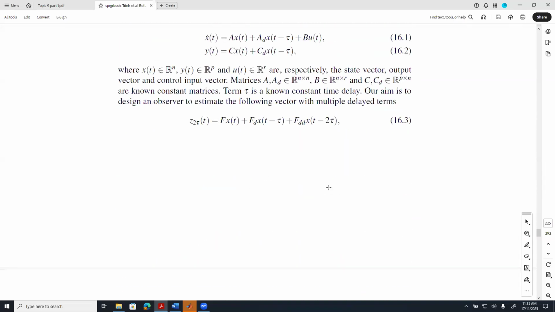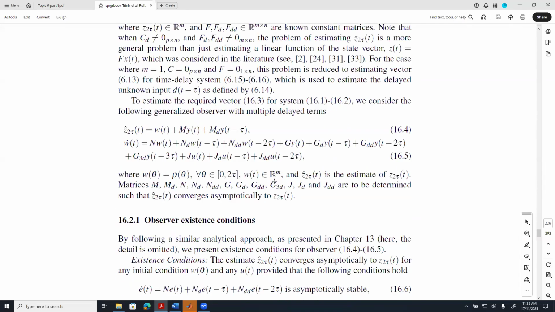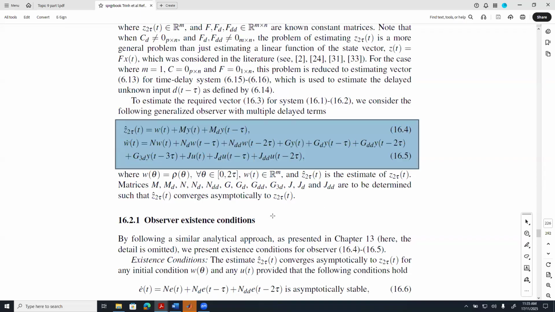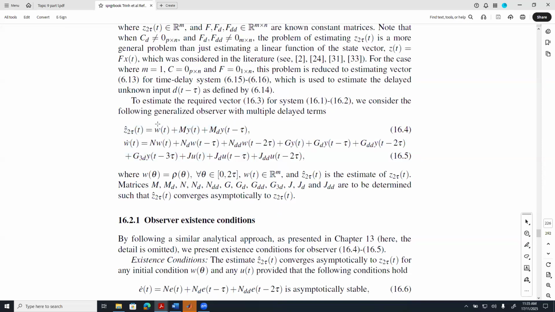And so when we propose this observer structure, to ensure the existence conditions, we follow exactly the same approach as in our previous discussions. So what we have in here, we have a number of unknown parameters.